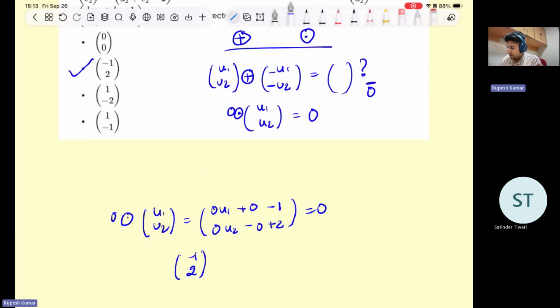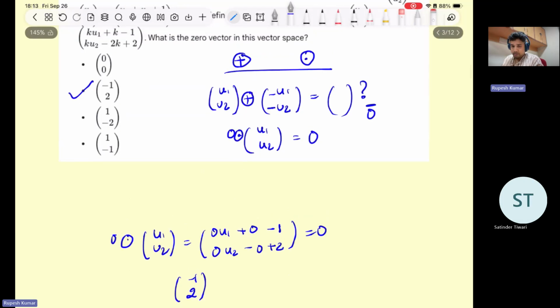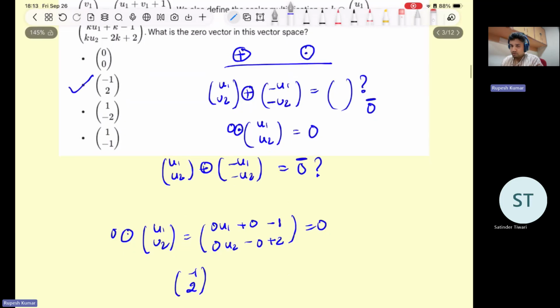Let me call it zero hat, zero with an arrow on top of it. Then in the new vector space, you have a new zero vector such that u1, u2 plus this operator and minus u1 minus u2 should be equal to that new zero hat vector. And we don't know what that new zero hat vector is.